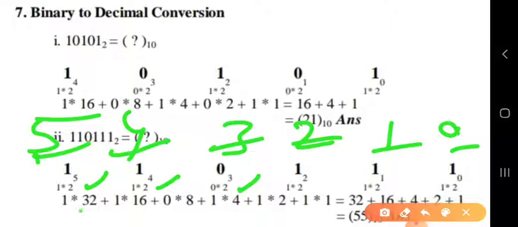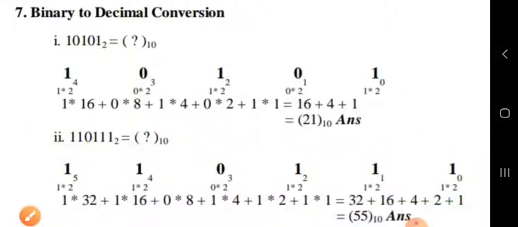Now see, 32, 16, then 4, then 2, then 1 has to be taken out. 32 plus 16 plus 4 plus 2 plus 1 gives you the value 55. So this is the way we convert a binary number to a decimal number.